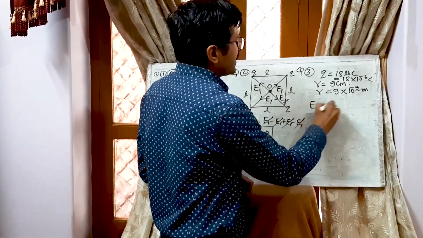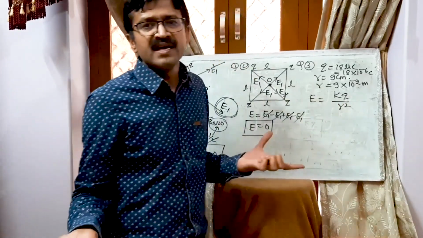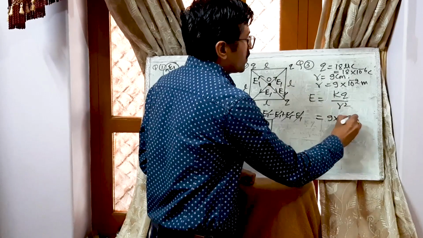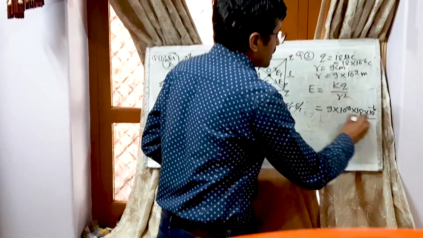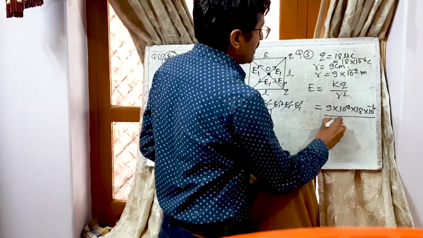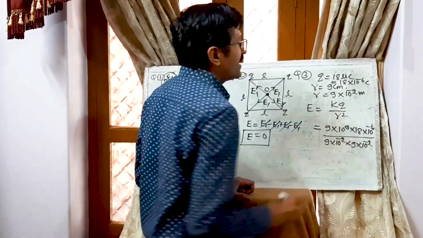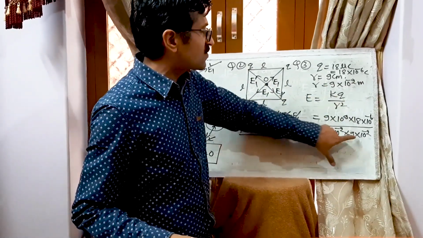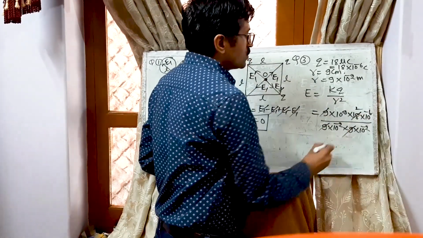Then the electric field intensity E will be KQ upon R square. You know the formula, E is equal to KQ upon R square. K is 9 into 10 to the power 9, Q is 18 into 10 to the power minus 6, upon R square, which is 9 into 10 to the power minus 2 into 9 into 10 to the power minus 2. This is in meter and it is squared, that's why it is written twice. This 9 will get cancelled, 9 twos are 18.